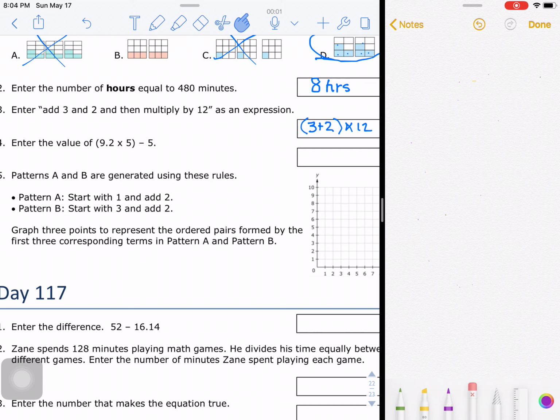So enter the value of the product of 9 and 2/10 times 5, minus 5. So first thing I do is multiply 9 and 2/10 with 5.